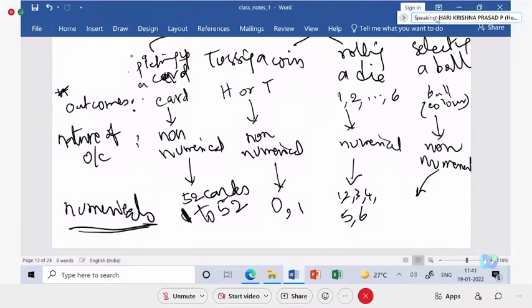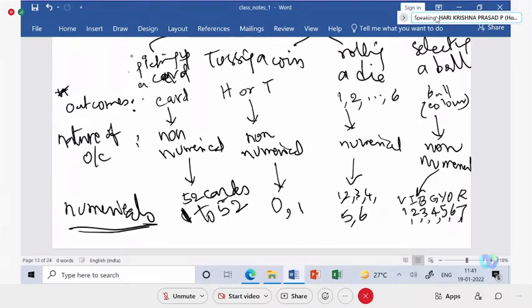When I have the choice of selecting one ball out of a number of balls, and I assume that all colored balls are available in that bag or box or urn, for each possible color, I assume 7 colors are available. For each possible color, I assign a numerical value.